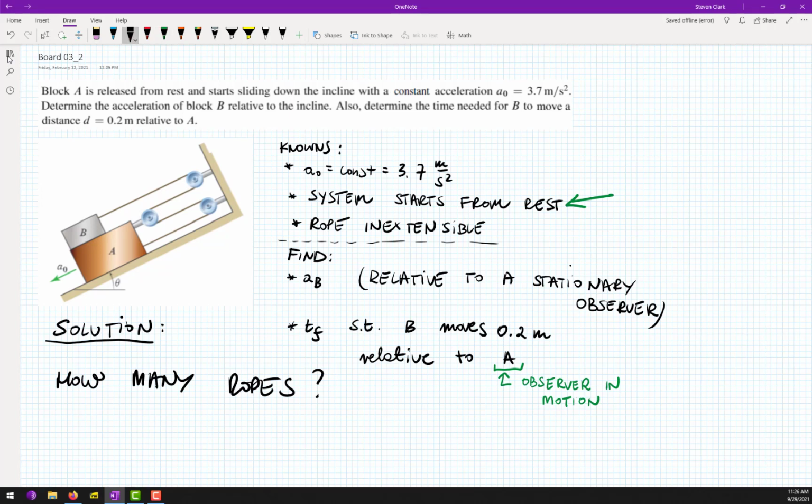So they ask us to find AB seen by this observer. We have an observer here on the incline. It's a stationary observer.